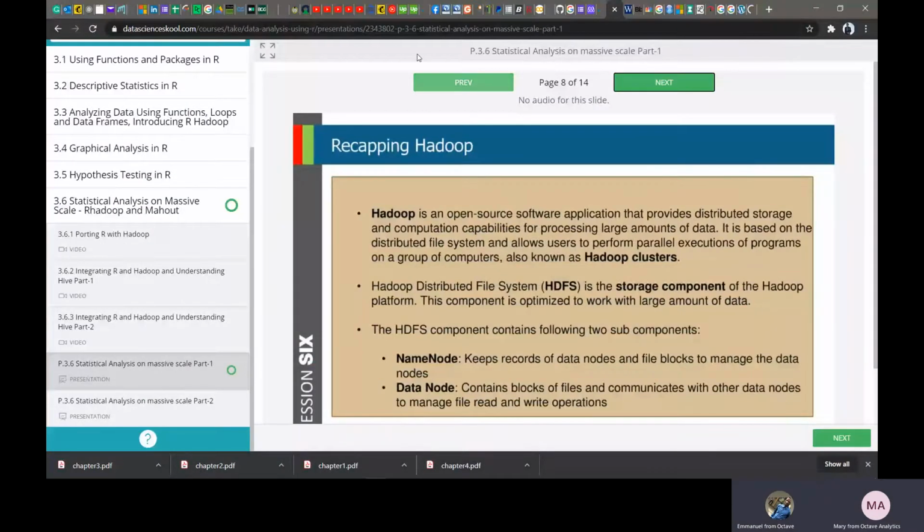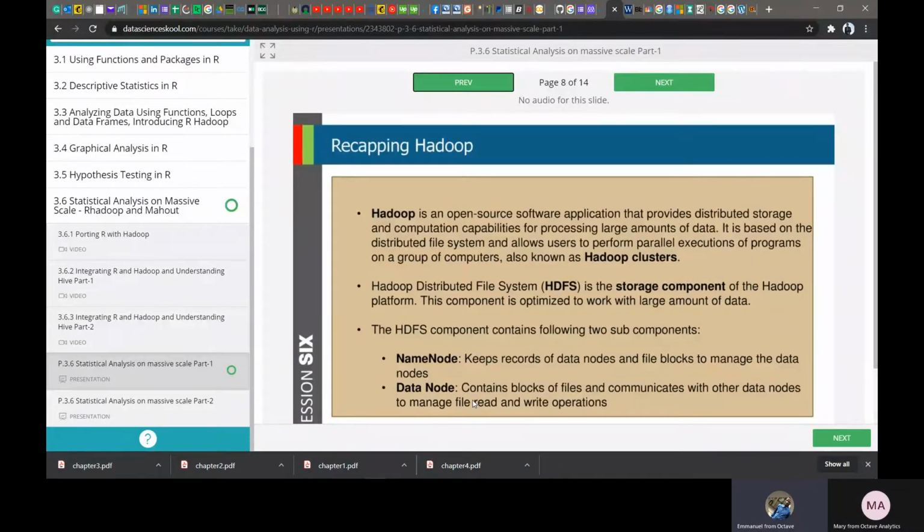Moving forward, I think I've talked about this. The data node also provides a heartbeat to the name node to show the availability of the data node. It provides a heartbeat to the name node every 2 seconds.